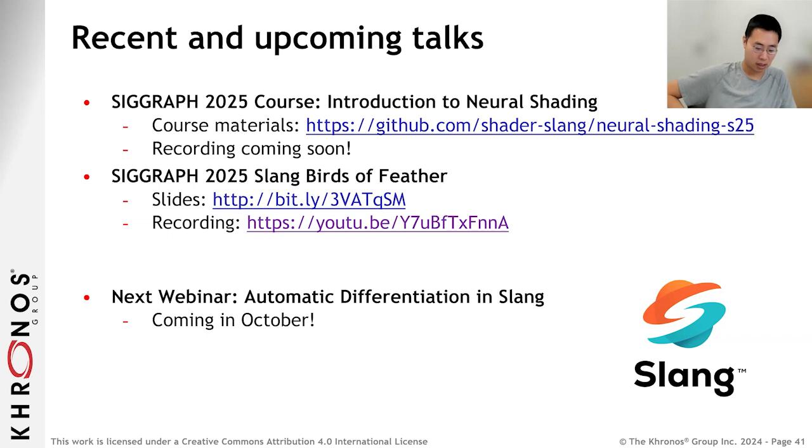Basically, in each .slang module file, we store a hash of all the source files that are used to compose that module, and also all the compiler options used to compile that module, and also the Slang compiler version that is used to compile the module.